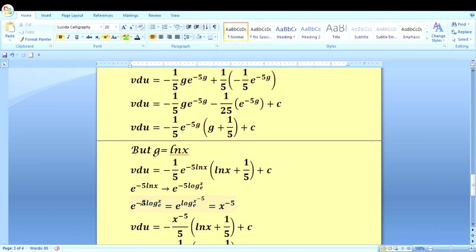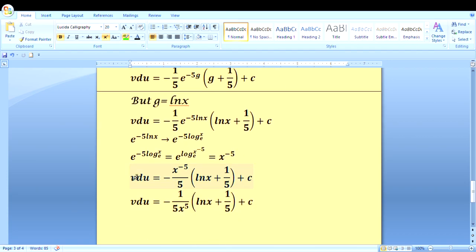Here, this minus 5 will be transferred to this side as a power, so it becomes exponential log of x raised to power minus 5 to base e. Here, in logarithm, if the power that raises the base and the base of the logarithm are the same, the whole answer is just x raised to power minus 5. So the whole of this expression is x raised to power minus 5.